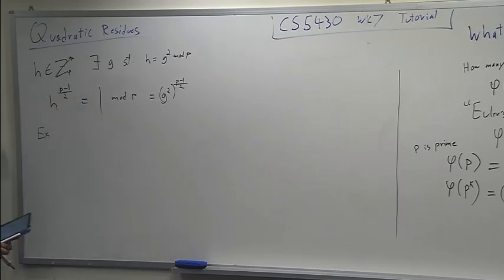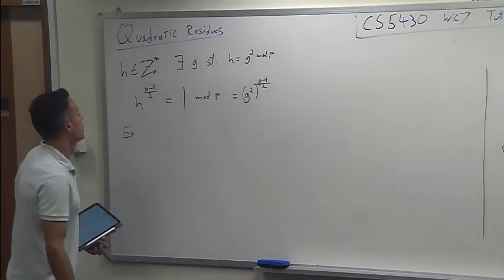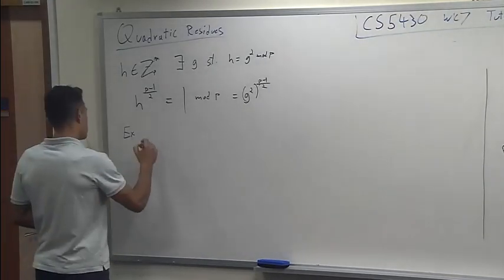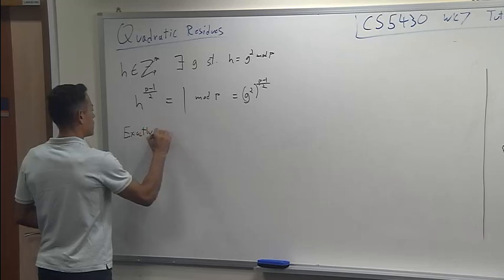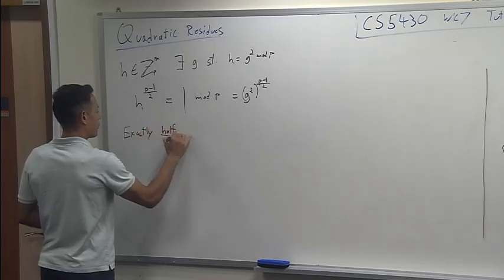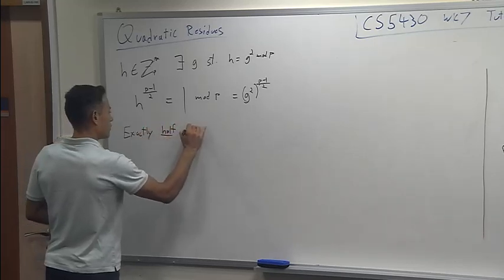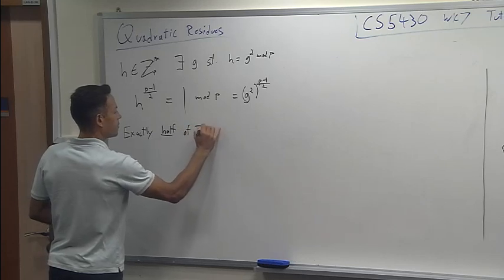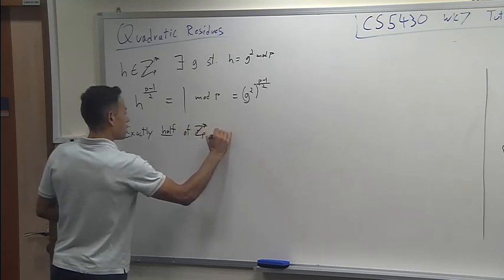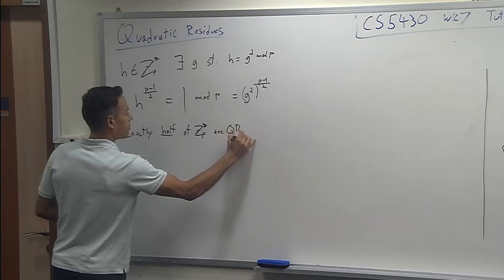And if p is prime, and assuming it's an odd prime, i.e. it's not 2, p minus 1 is even. It's going to be even, a composite number. So, what that means is that exactly half of all of the elements in Z_p star are quadratic residues.